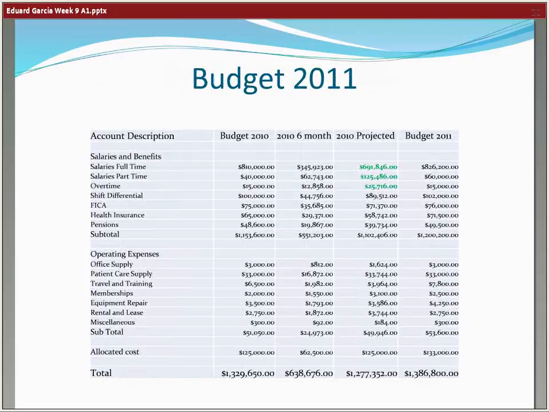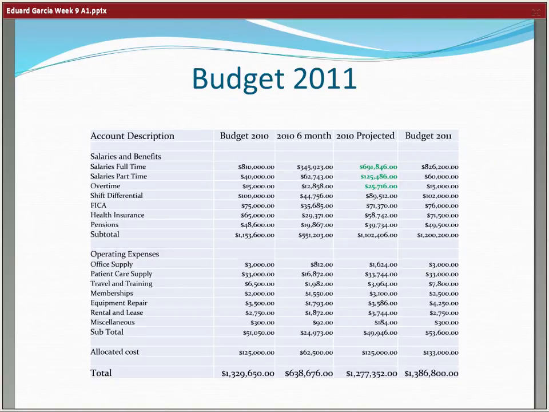So the budget of 2011 presented before the 2010 projected was done is an increase of 6% compared with the budget of 2010.